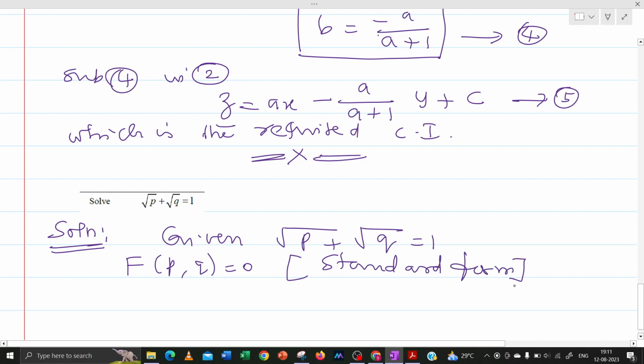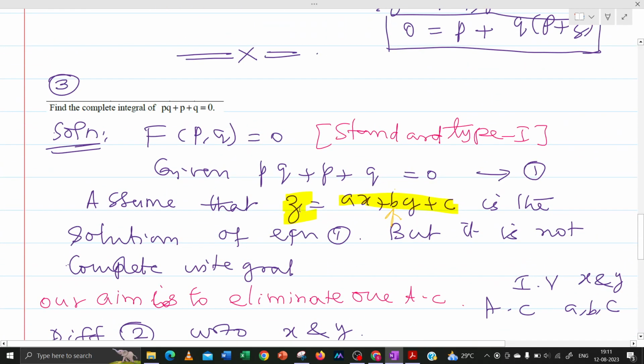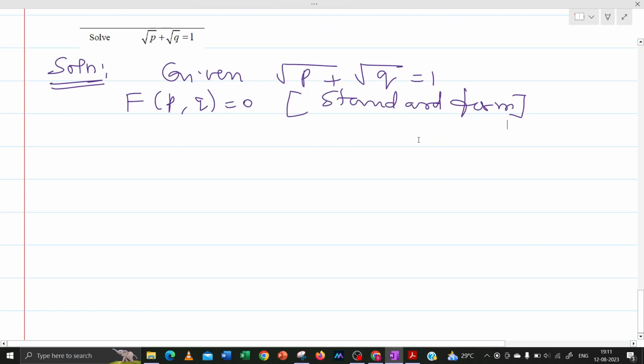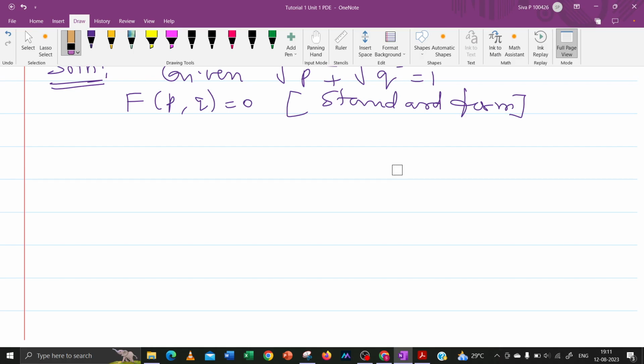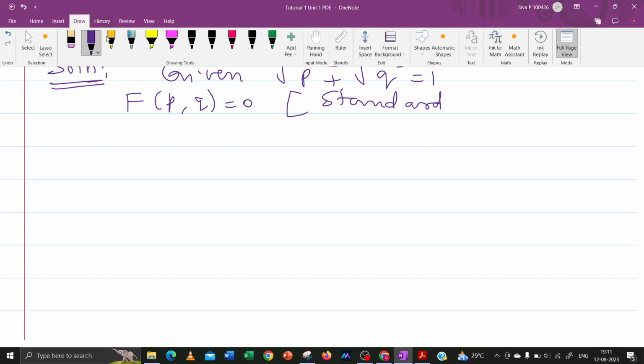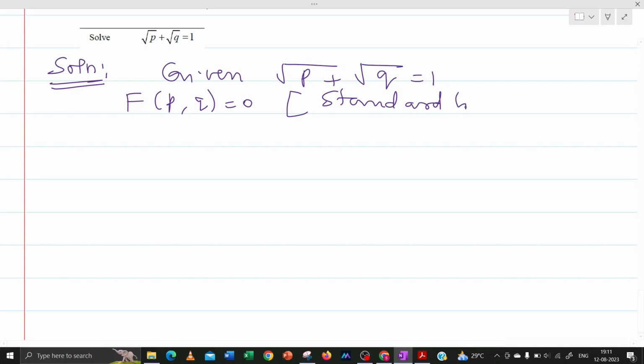It is like the previous problem. Even in the previous problem also, it is the standard type 1. This is also the standard type 1. Not standard form, standard type 1. Write it here. So, how to solve this?